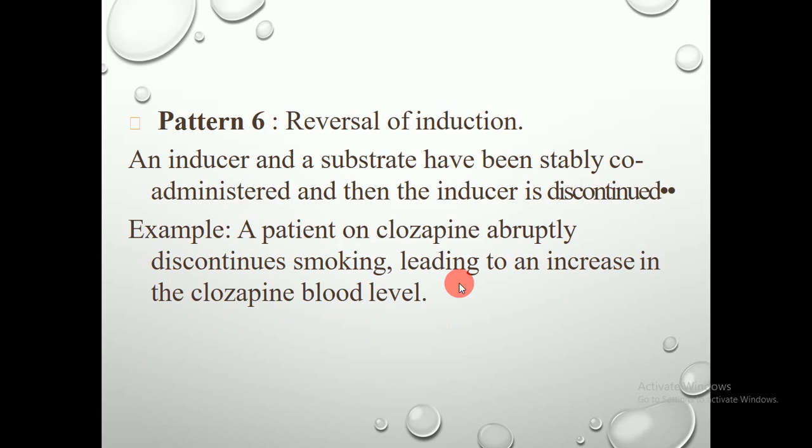Now in pattern 6, the reversal of induction. In this case, an inducer and substrate have been stably co-administered, and then the inducer is discontinued. For example, clozapine or olanzapine are antipsychotic agents. If a patient on clozapine therapy abruptly discontinues smoking, it will lead to an increase in the clozapine blood level.